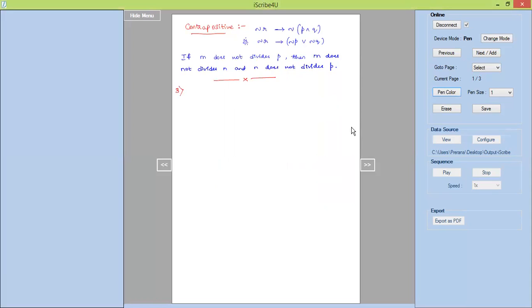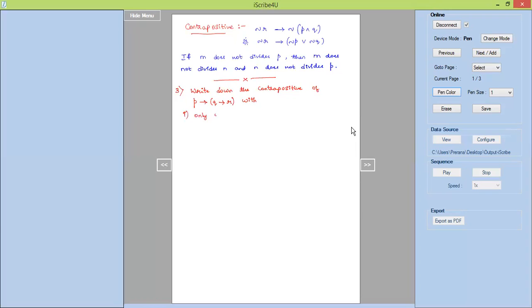Now we will see another problem. Third problem. Write down the contrapositive of P conditional, open a bracket, Q conditional R, with first condition: only one occurrence of the connective.